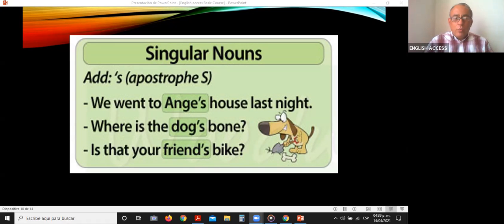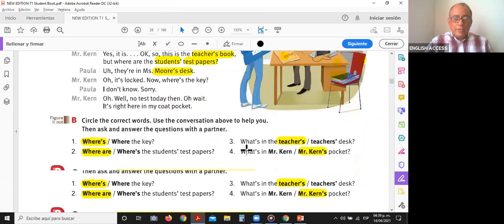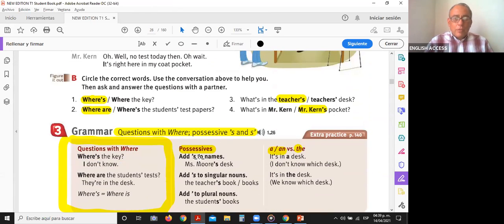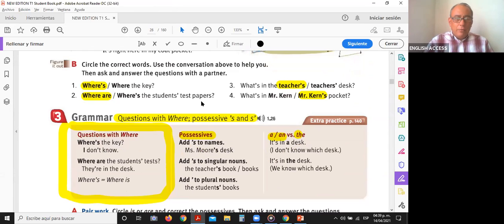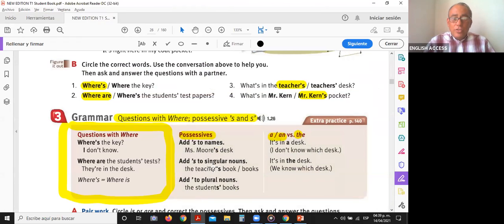That's the information we have in the book, page number 26, I believe. Let me go to page 26. It's right here. Possessives. You have the book, you have the information in the book. So you can say like this, add s to names, in the case of Angie, or to singular nouns.